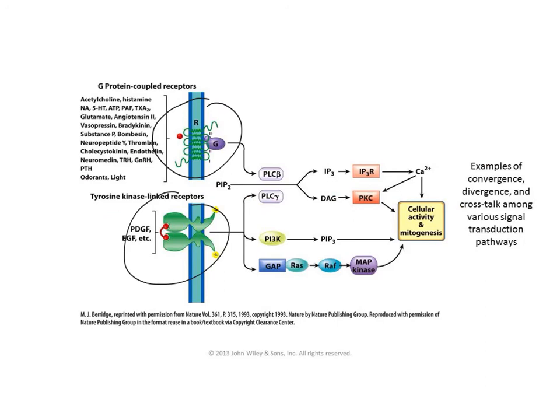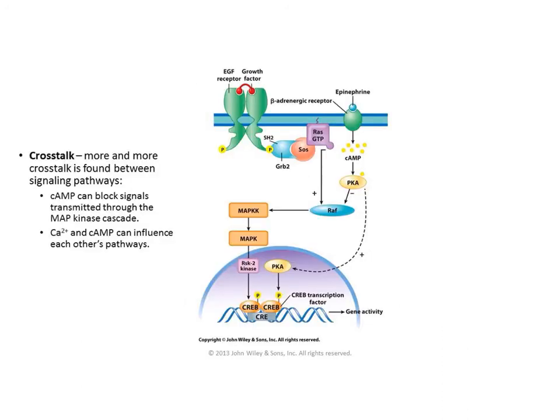They can activate different pathways, but there can also be crosstalk between them. Different signal molecules can interact with both pathways. They can lead to activation of different pathways, such as divergence, and they can converge and activate the same signal molecules. So we're going to look at that in a little more detail.